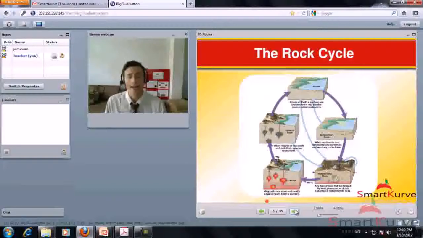If you look at this cycle, you can understand why there are so many different combinations of silicates, alkali metals, alkaline earth metals, and transition metals. And yeah, even halogens.